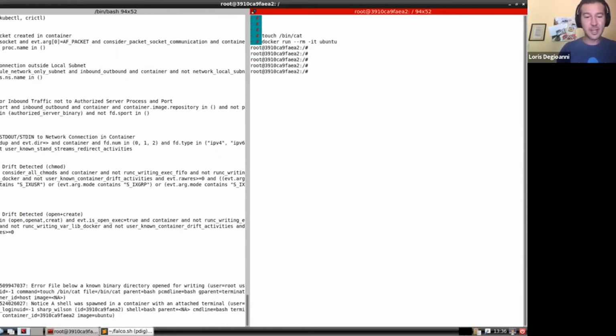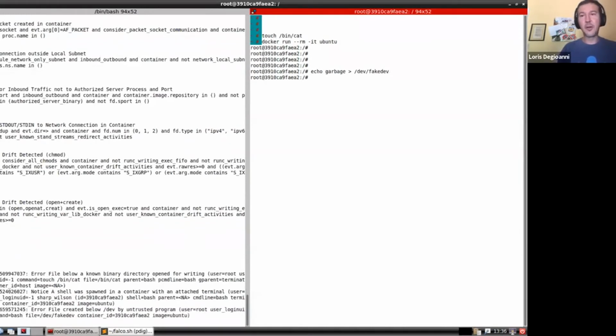And again, inside the container, I can generate some malicious activity, like writing garbage into /dev/fake device, for example. So I simulated creating a file under dev, and Falco tells me that a program that it doesn't trust has done that.